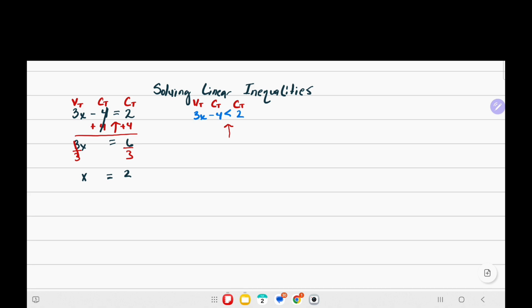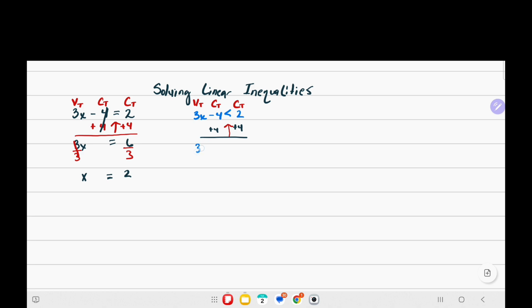Now, on the inequality, you do the same exact steps. We're going to start with rule 5 again. Our goal is first to get the variable term by itself, so we move this constant term by adding 4 to both sides. And what happens?